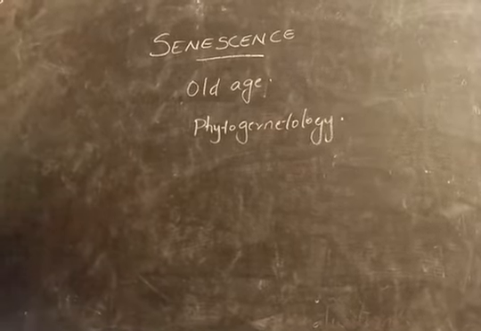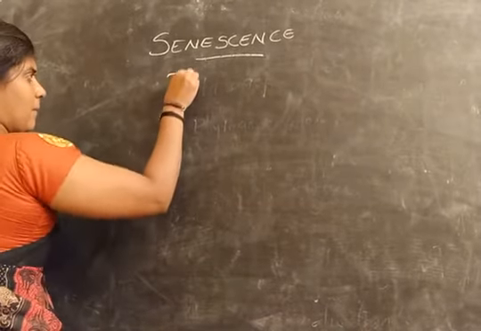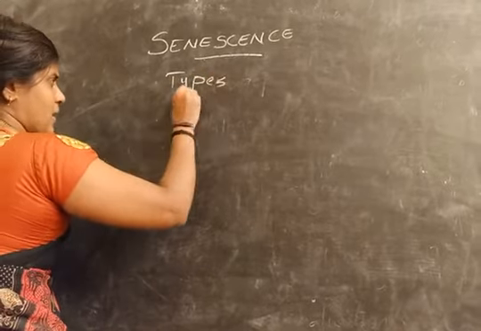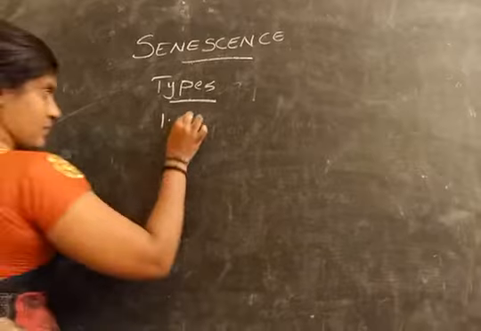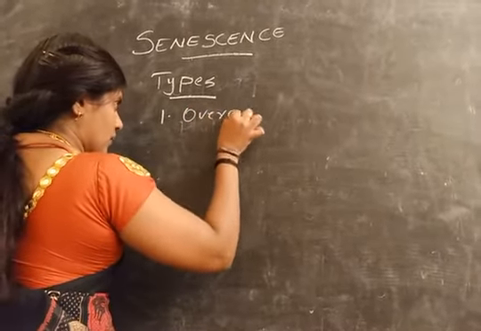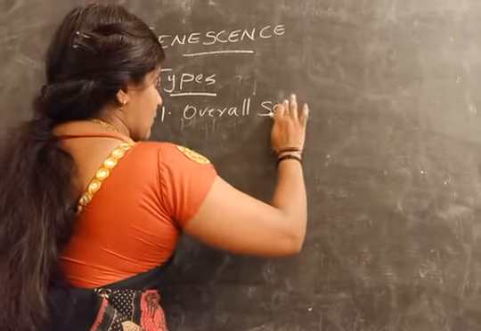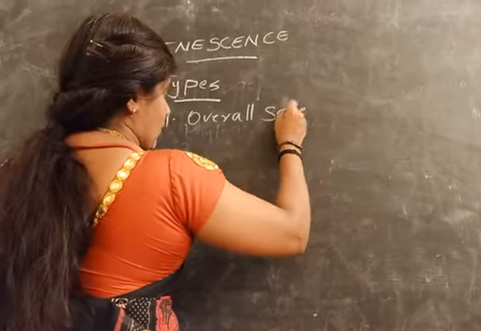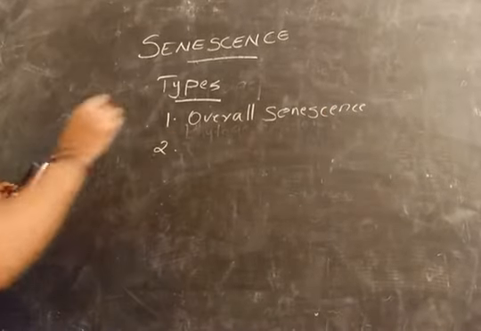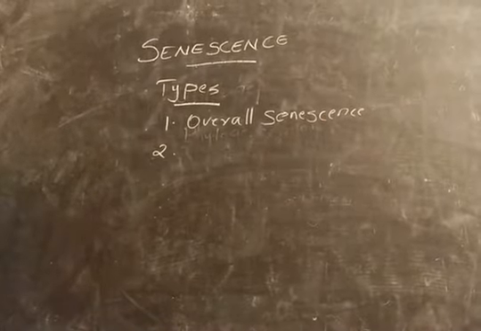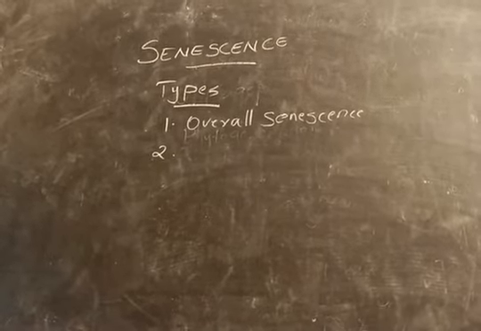The different types of senescence are as follows. First one, overall senescence. Overall senescence means the entire plant gets affected and dies.